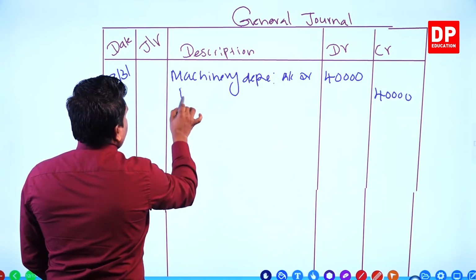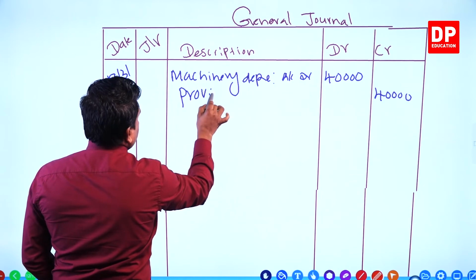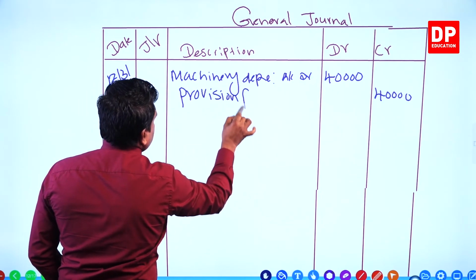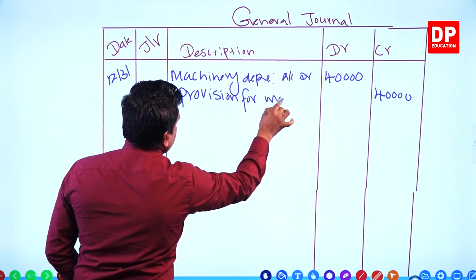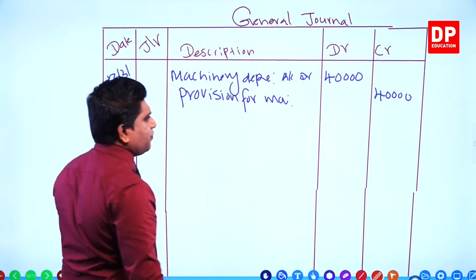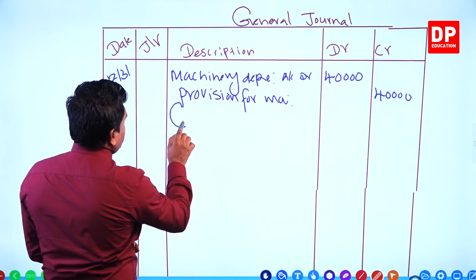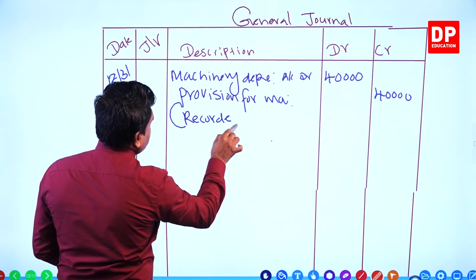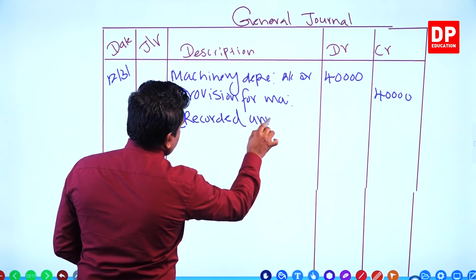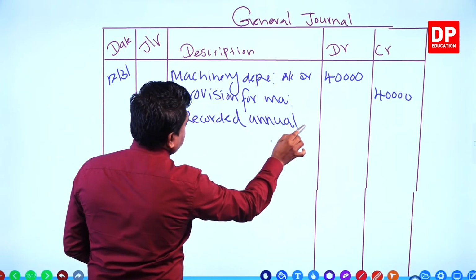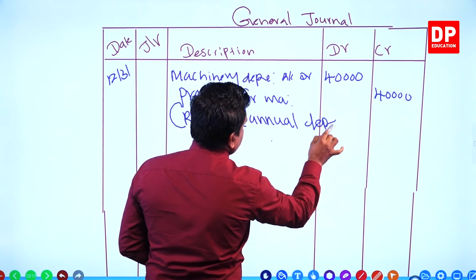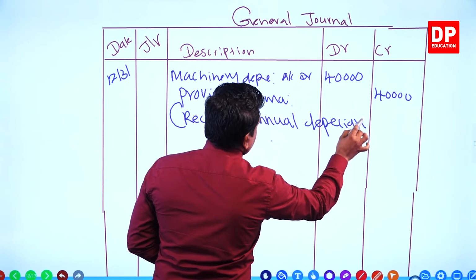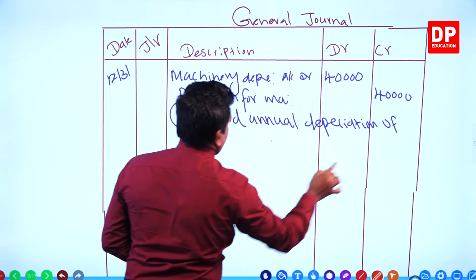Provision for machinery depreciation account credit 40,000. Narration, you write: recorded annual depreciation of machine.